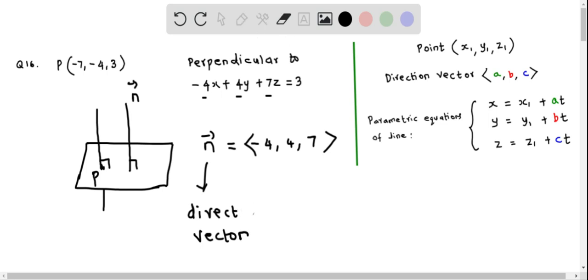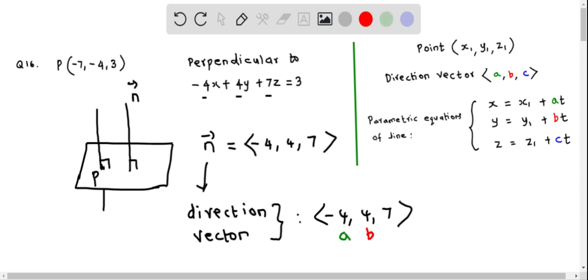This is a, b, and c: a = -4, b = 4, and c = 7. And we also have one point, that is, point P is (-7, -4, 3).